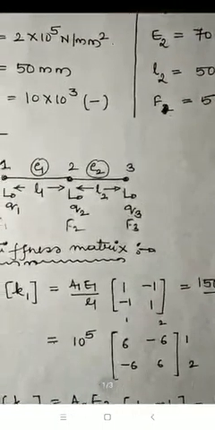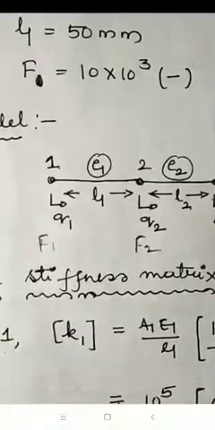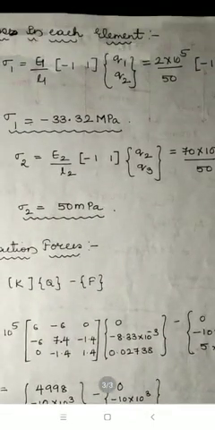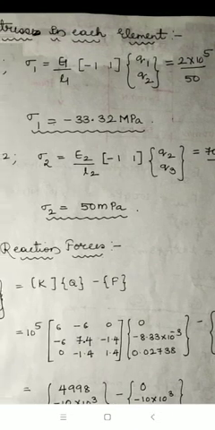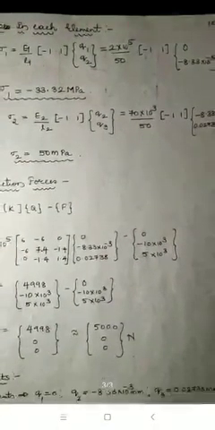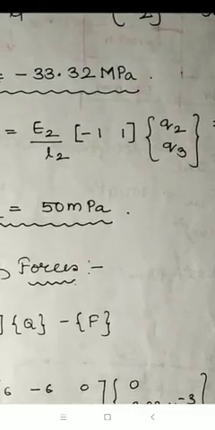That's why we have taken Q1, Q2 in this equation. Substitute the values of E1 and L1 and simplify. We get sigma 1 as minus 33.32 megapascal.